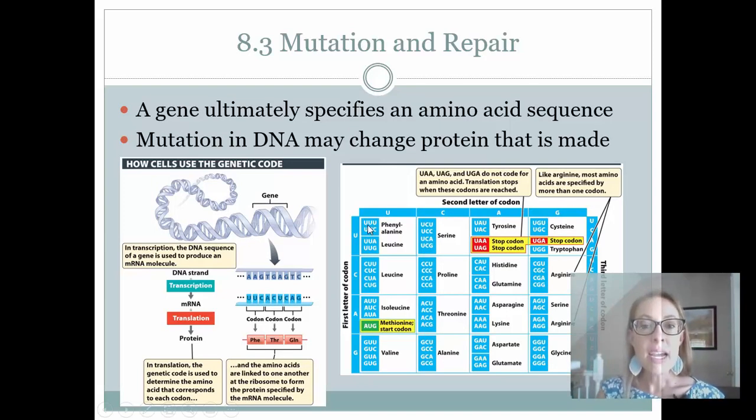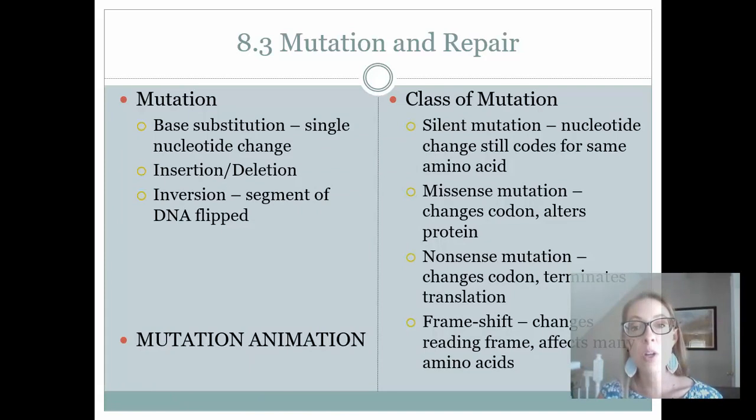So let's say instead of UUC, now our codon is UUA. It's still a base substitution, but by changing just this one codon, we've changed the amino acid. That would ultimately change the sequence and could change the protein. So that would be a missense mutation.